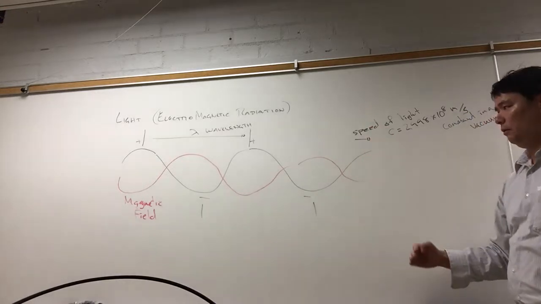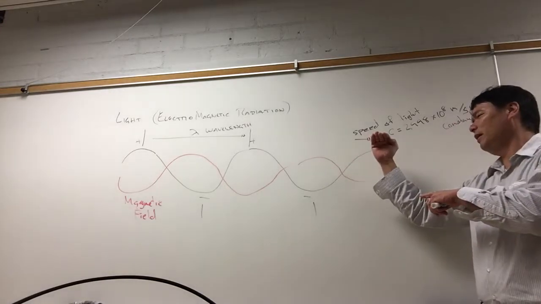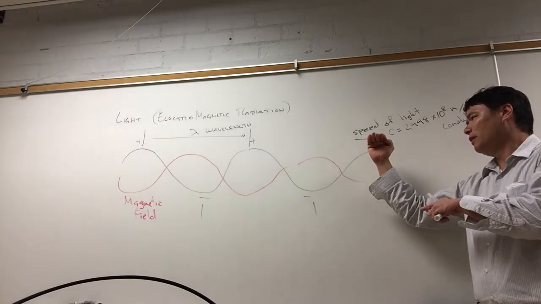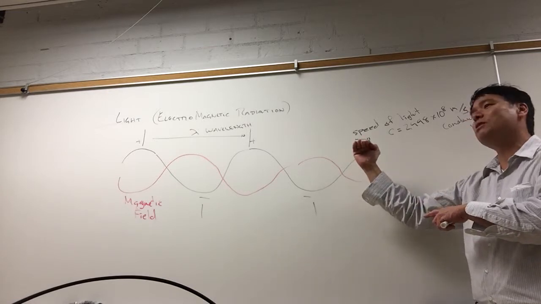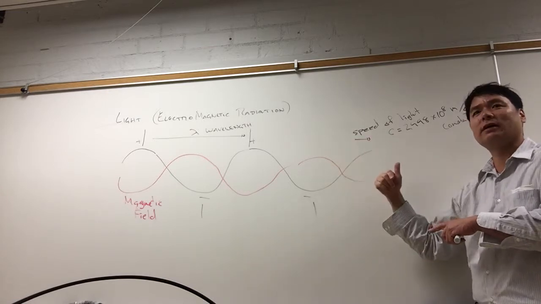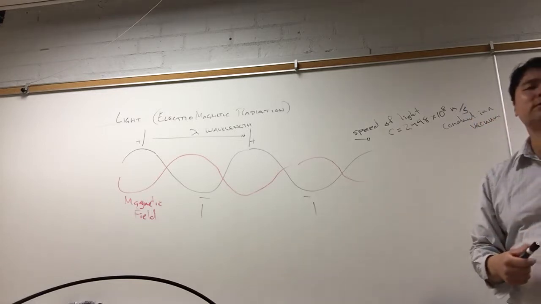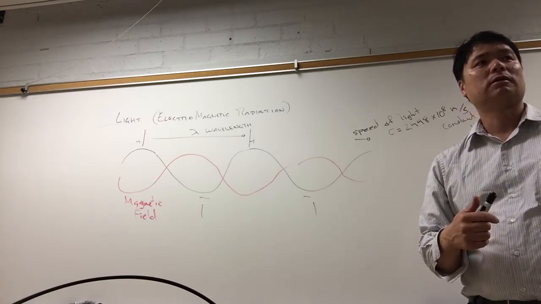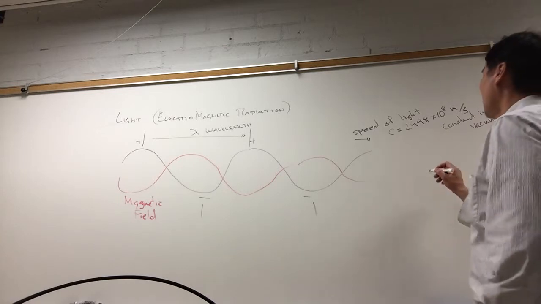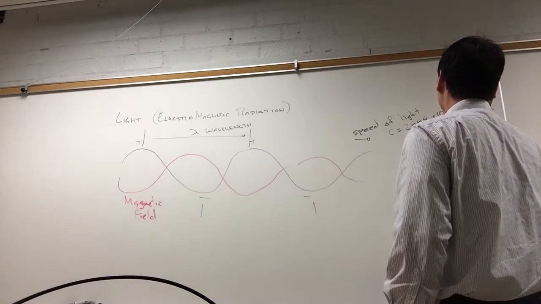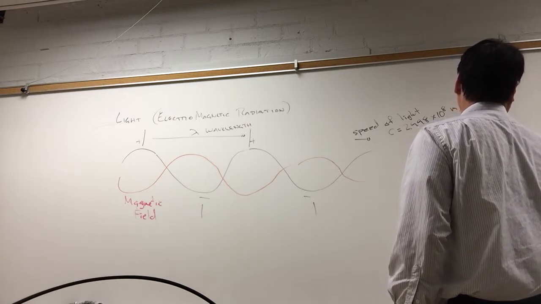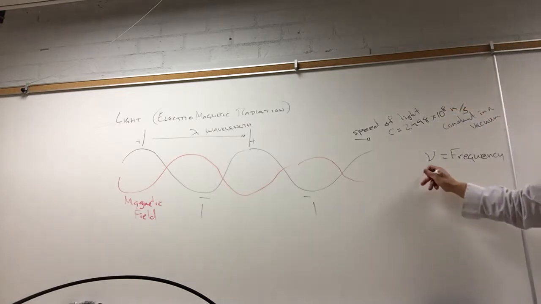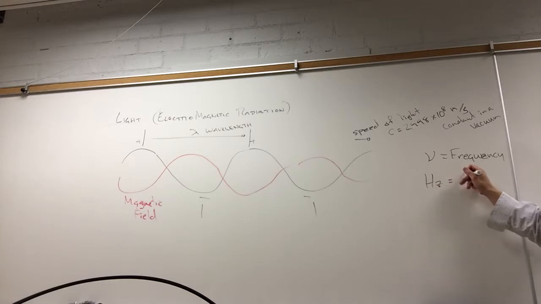If we go from a peak down to a valley back to a peak in 1 second, that would be 1 cycle per second. 1 cycle per second is called a hertz. And so the units of frequency are the hertz, and the hertz is a cycle per second.